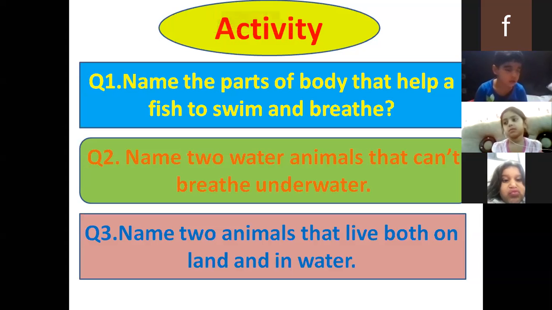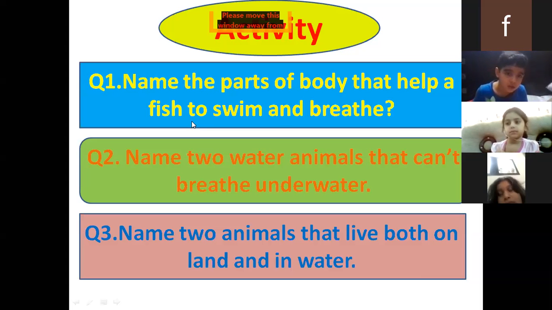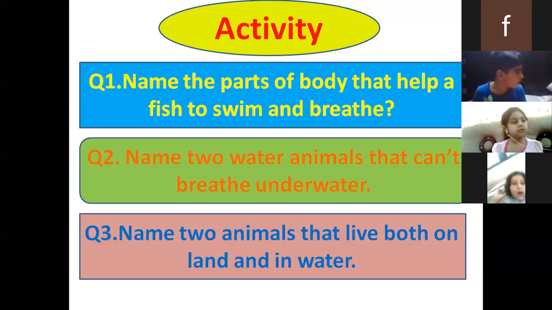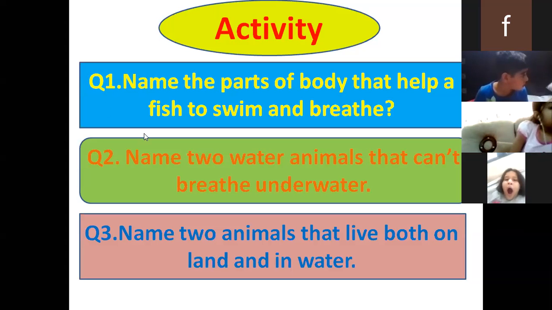Ready, all of you? Now, question number 1. Name the parts of body that help a fish to swim and breathe. Okay? You know it. Just write question number 1 and write the answer.